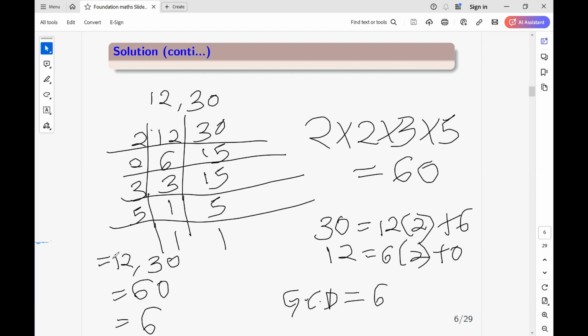What can we say is the relationship? Now let's get the product of those two numbers. What's the product of those two numbers? 360.